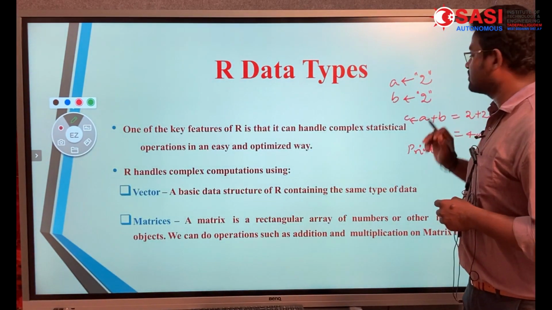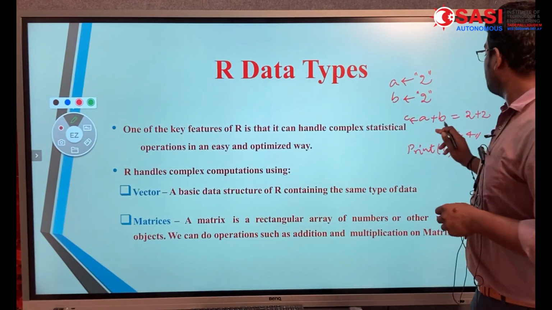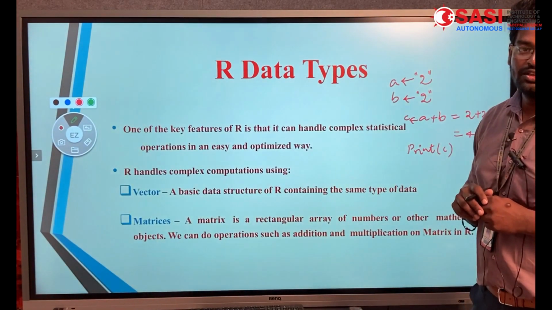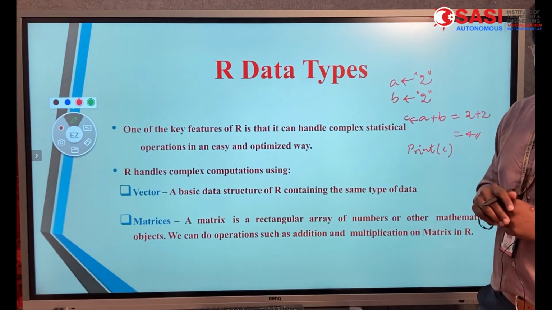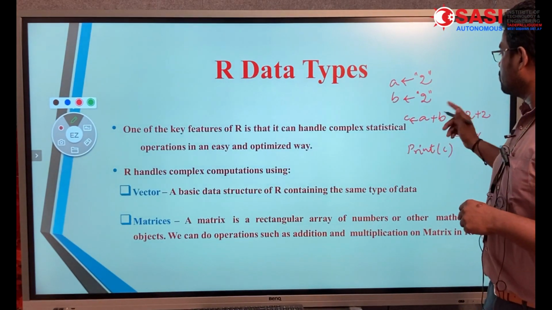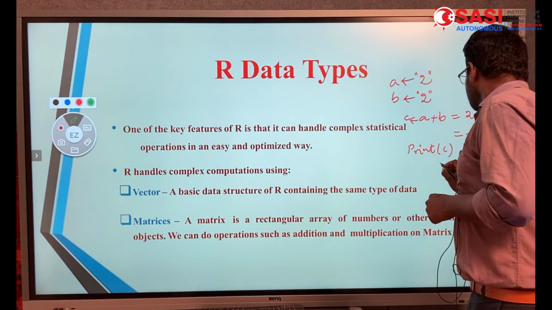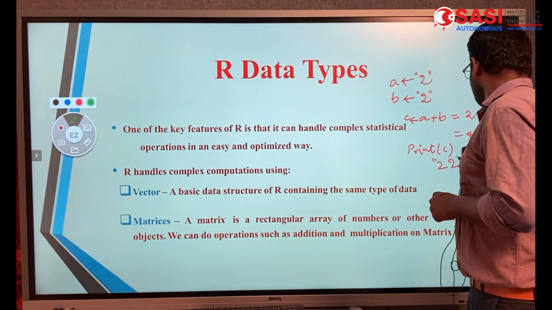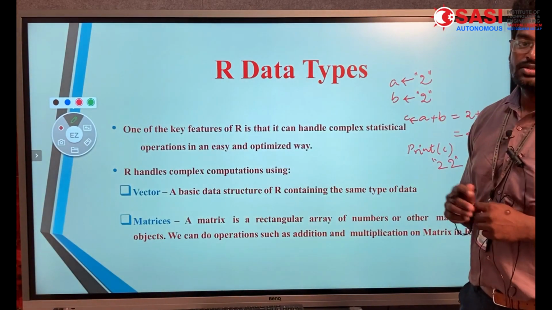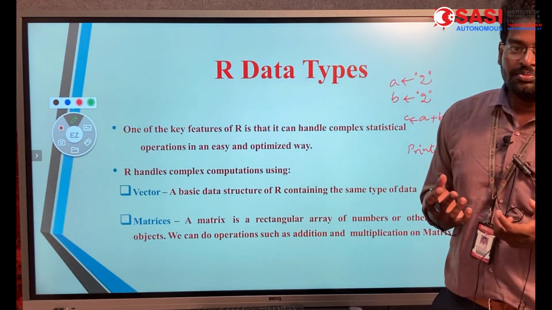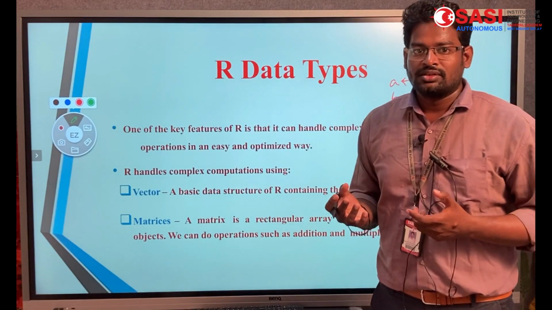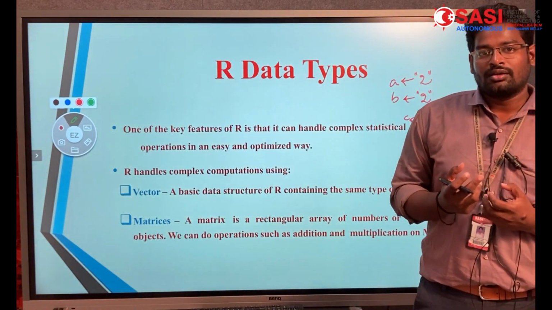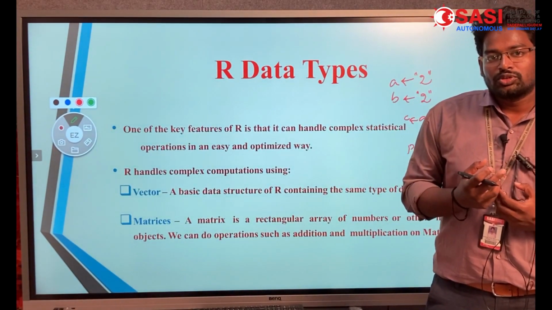So this is the character data type now. If I perform the addition operation between these two, then it will perform the concatenation operation among these two characters, so it will give the output as 22. Again, this 22 will be a character. So based upon the data type, the operation has changed. That's why we need to give the data type to the given data.